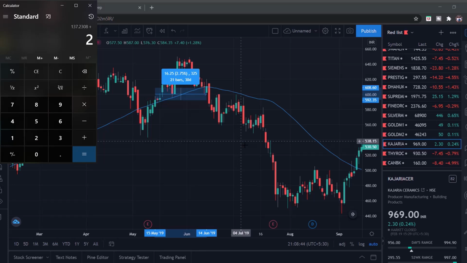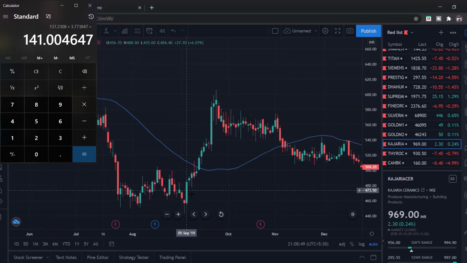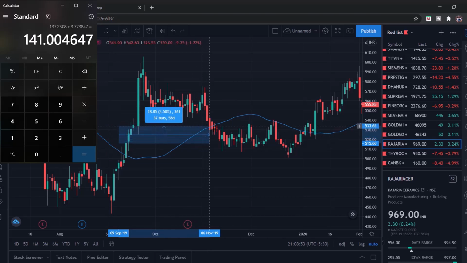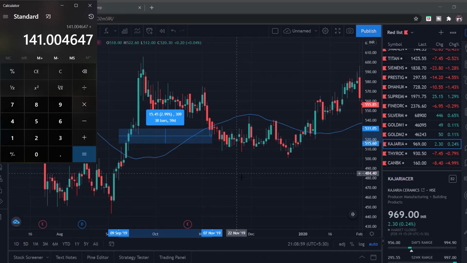So we'll add that plus 2.75%. Okay. Now next we will enter over here and exit over here with a profit of 3%. So we will add that plus 3%.